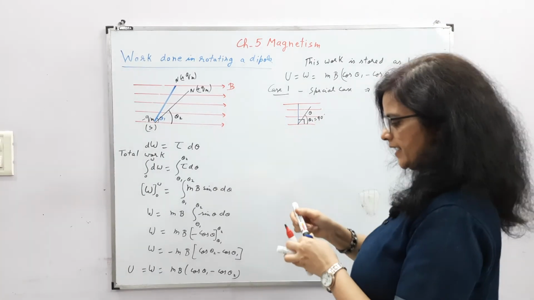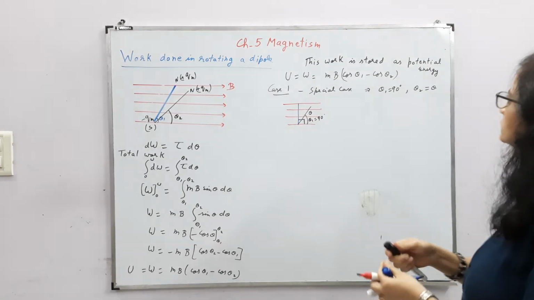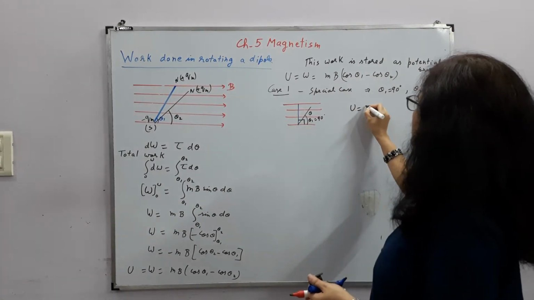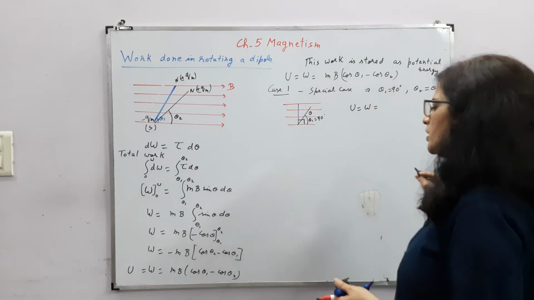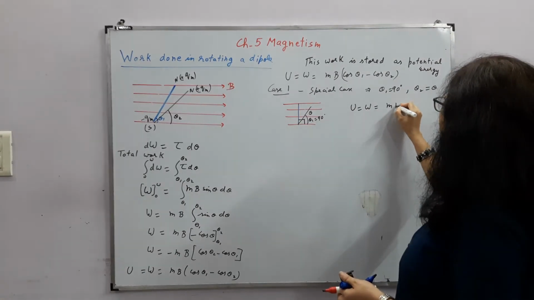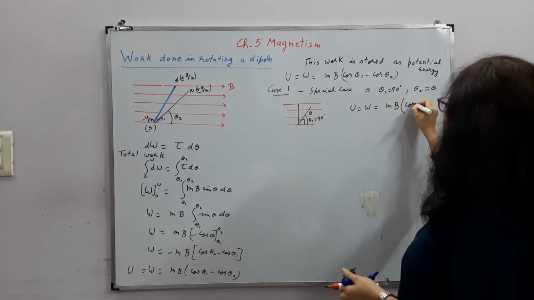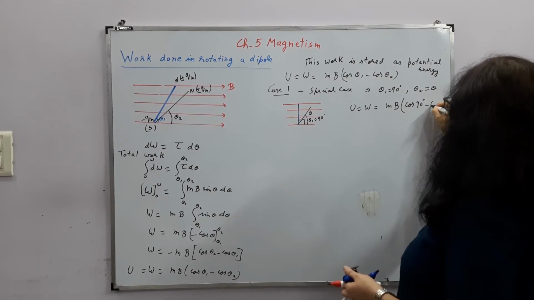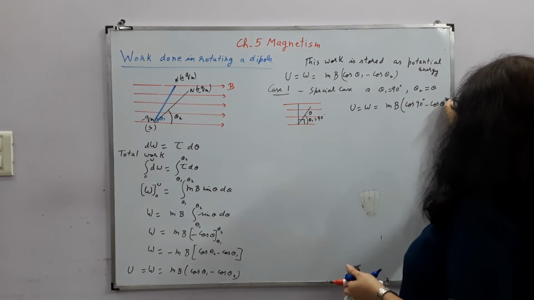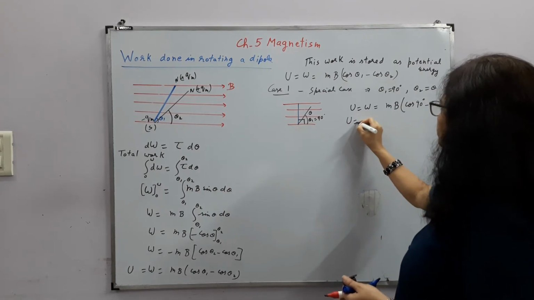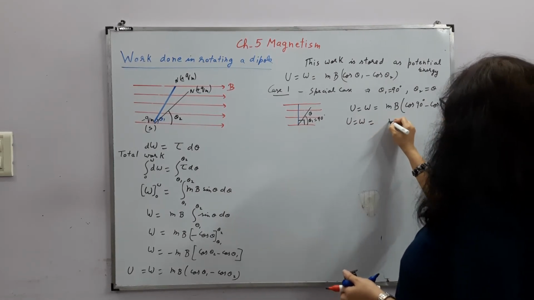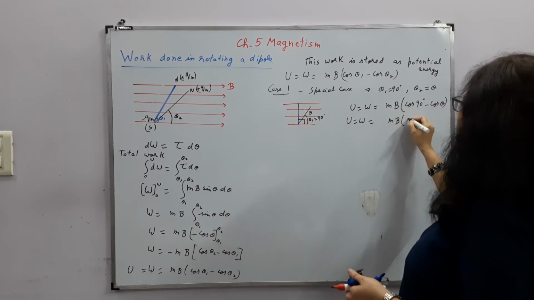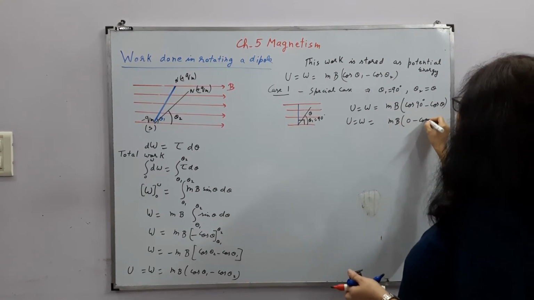So for this case we can write the formula. The potential energy is equal to W is equal to mB (cos theta 1, which is 90 degrees, minus cos theta). So this gives me mB (cos 90 is 0, so 0 minus cos theta).